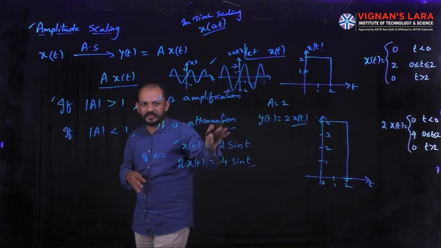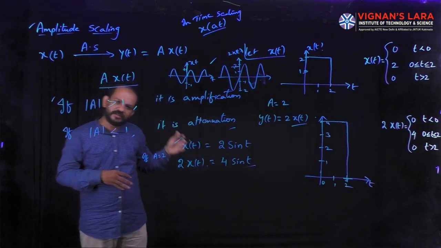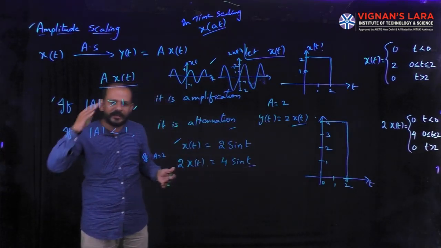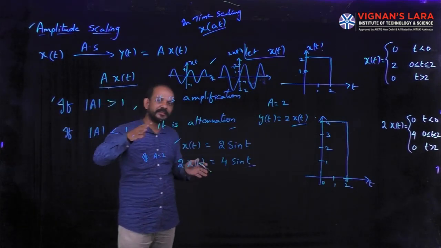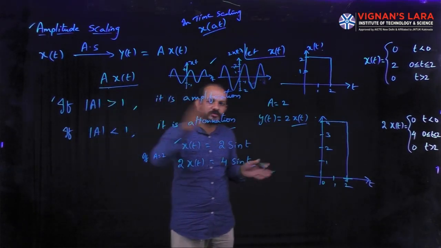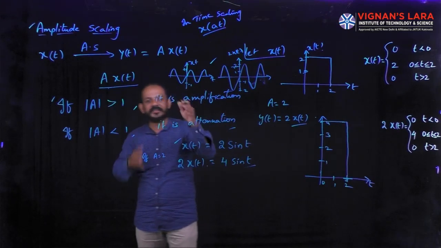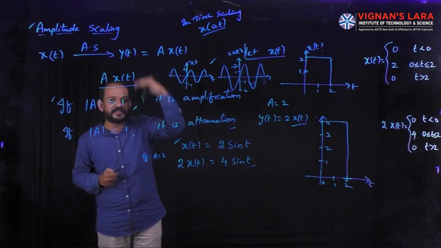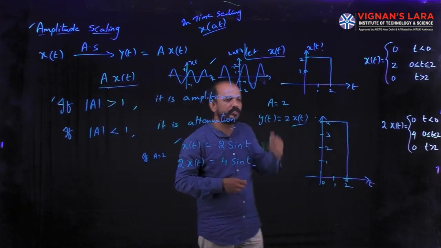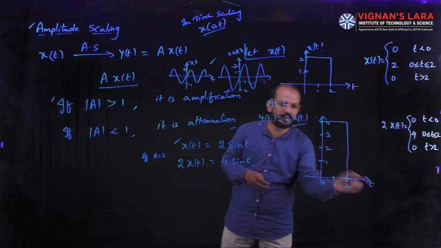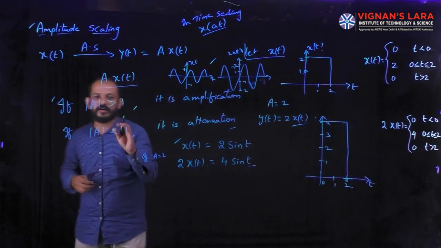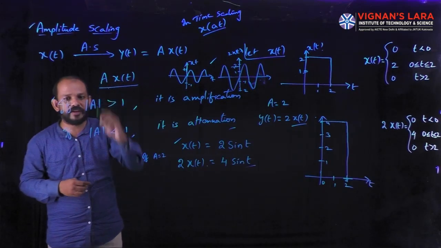At a particular instant, the amplitude of x of t is 3 and the A value is 2. So that 3 will be multiplied with 2, 3 into 2, 6. So at that instant the amplitude is 6. It is increased twice, double. Clear? So this is the explanation if the value of A is greater than 1.